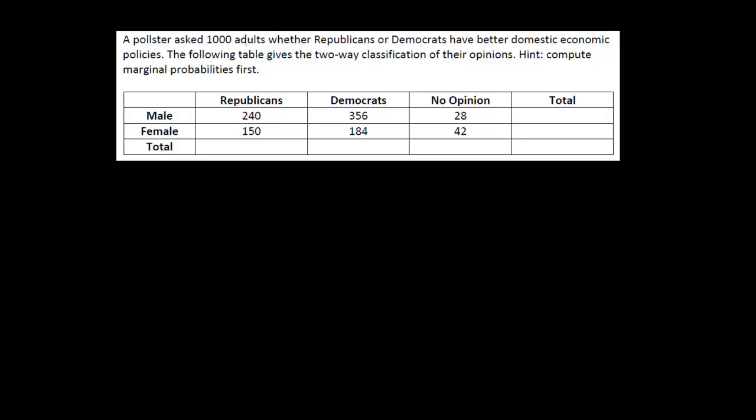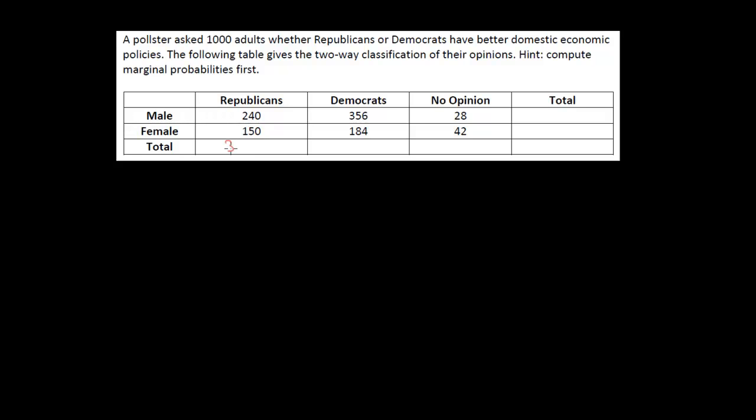Let's start with the columns first. Let's see how many total Republicans there are. So there's 150 and there are 240. So 150 plus 240, that's 390 in total. All right, so there is 390 here.